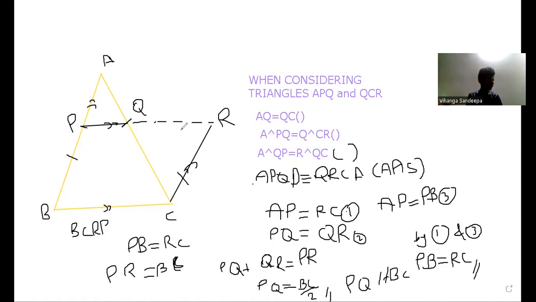Then you have to justify the corresponding elements. So that is the theorem. Otherwise, I will upload the answer script so you can get a clear idea. Then the second part.